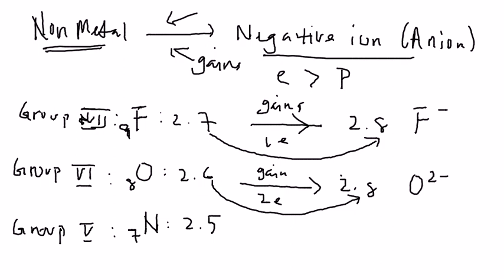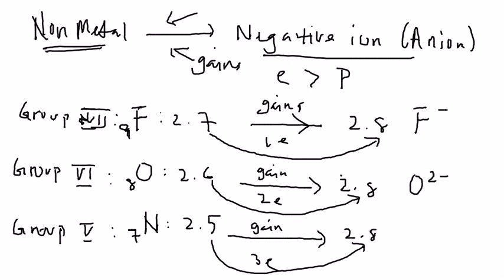Last one, nitrogen, 2,5. In order to become like a noble gas structure, 2,8, it has to gain 3 electrons. So from 5 it changes to 8, and the symbol will be N3 minus.